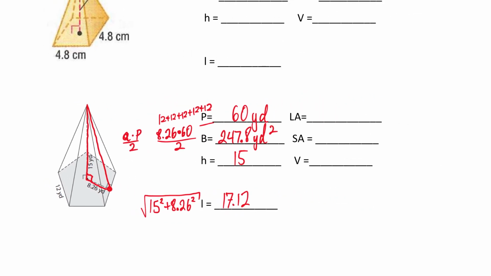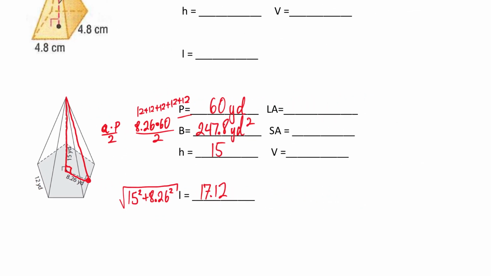All right. Lateral surface area of a pyramid is P times L divided by 2, which is what?